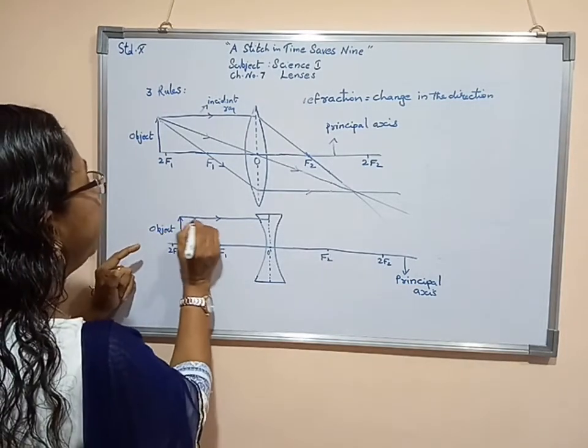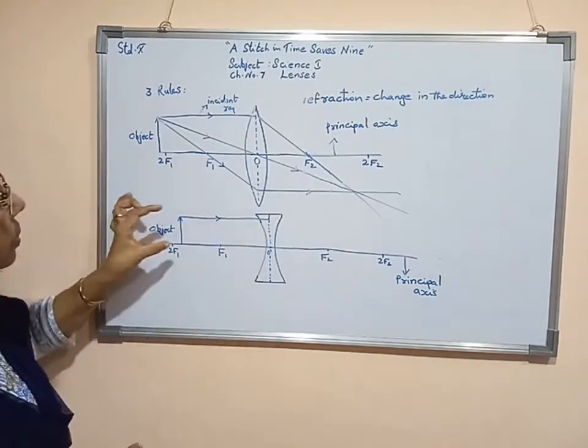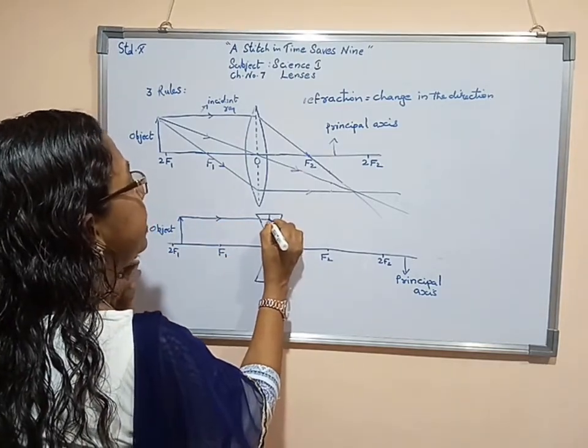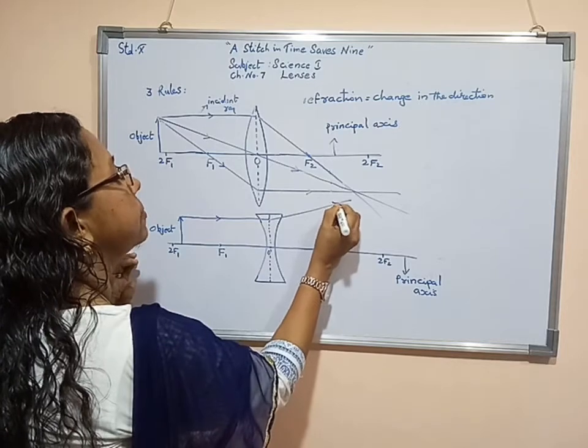Now the ray which is passing parallel to the principal axis, after refraction it diverges.